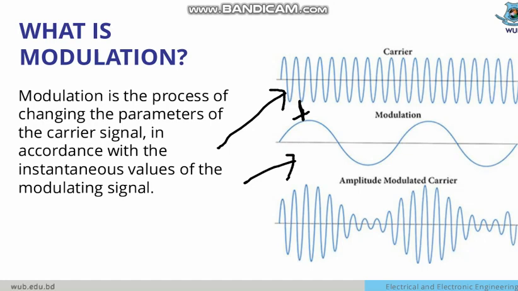So we have to use the carrier, a high frequency signal, and the message signal is not higher than the carrier signal. The carrier signal is a high frequency signal, and that has been mixed with the message signal. For the modulation technique, the instantaneous value means that you can see here it's quite similar to the message signal, the amplitude part on both sides.